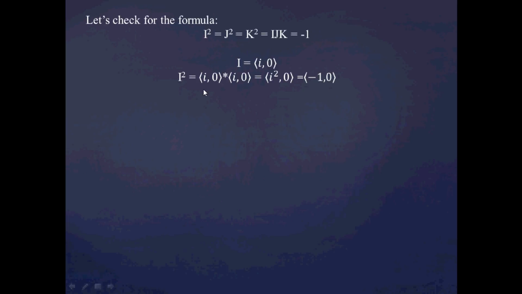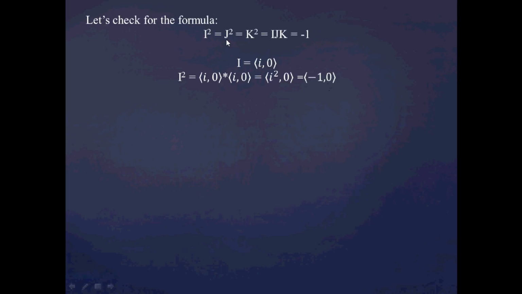Now if I work through the formula for quaternion multiplication, I have i times i minus 0 times 0-bar, which is going to give me i squared. And I have i times 0 plus 0 times i-bar, which is going to give me 0. And then i squared is just minus 1, so I indeed get (minus 1, 0).